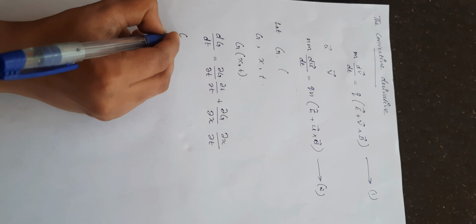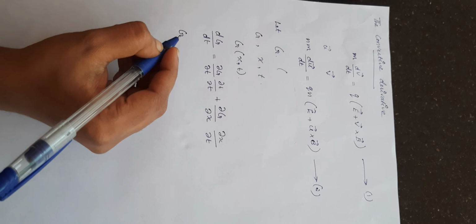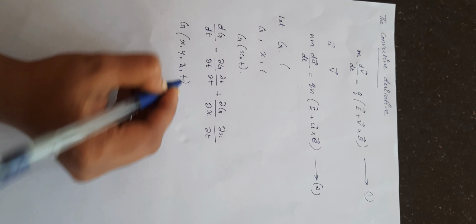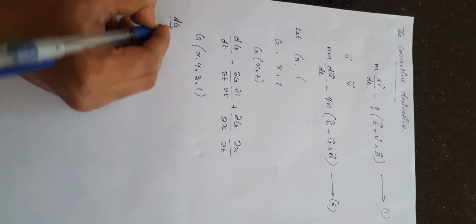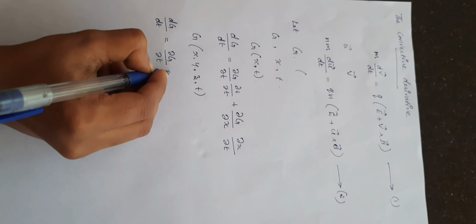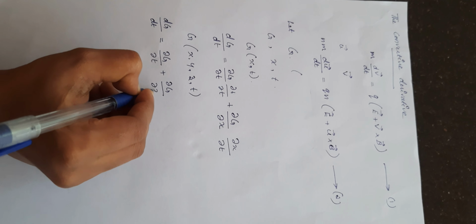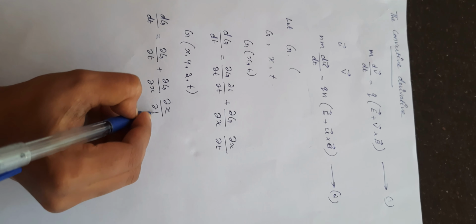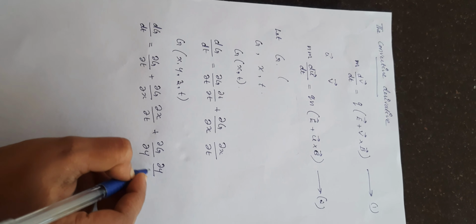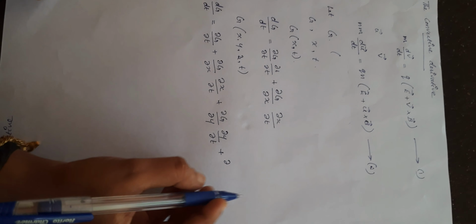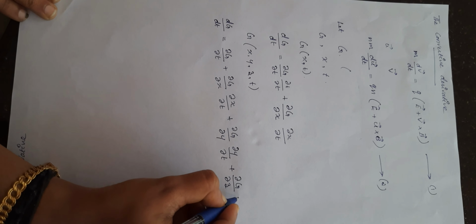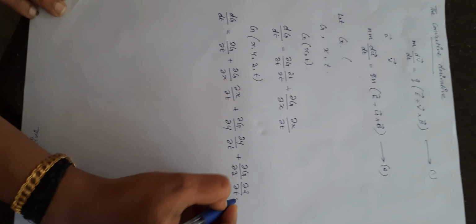Now writing G in terms of x, y, z and t, G equal to G of x, y, z, t. Then dG by dt equal to dou G by dou t plus dou G by dou x into dou x by dou t plus dou G by dou y into dou y by dou t plus dou G by dou z into dou z by dou t.